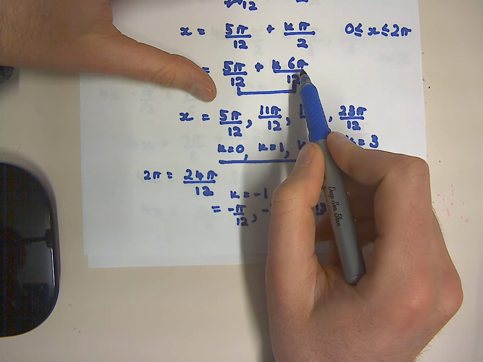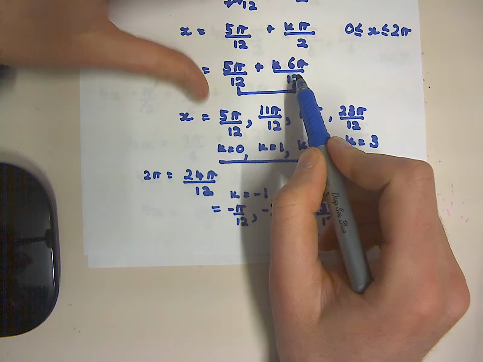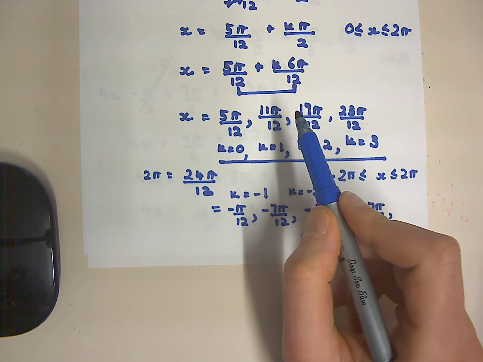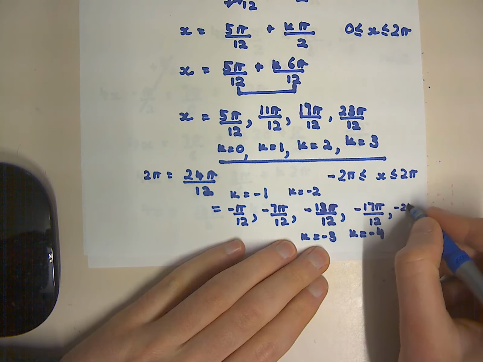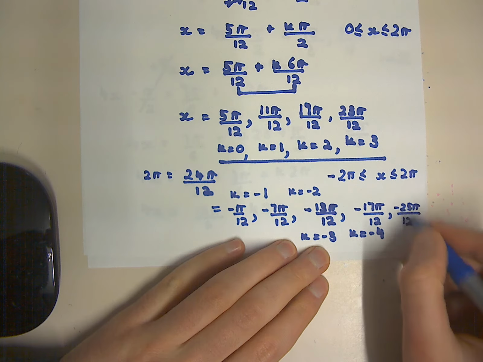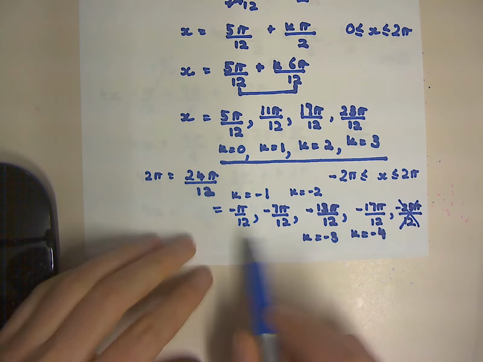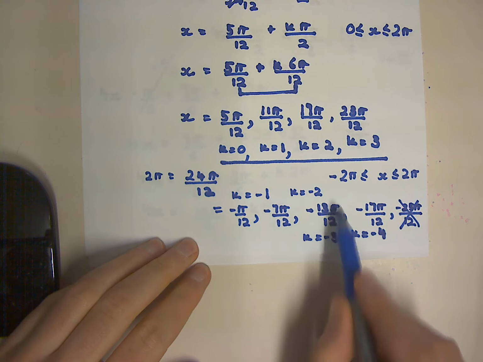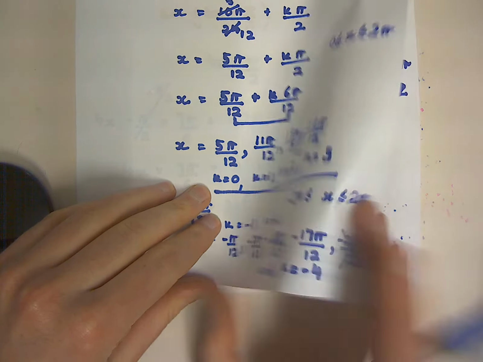So 5π take 30π is minus 25π, and so that's beyond minus 24π/12. So that one gets excluded. And so using negative values of k would give us more solutions.